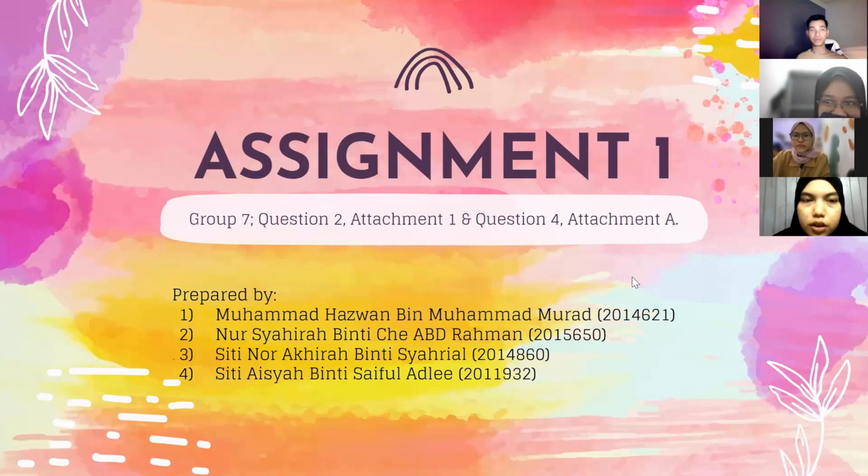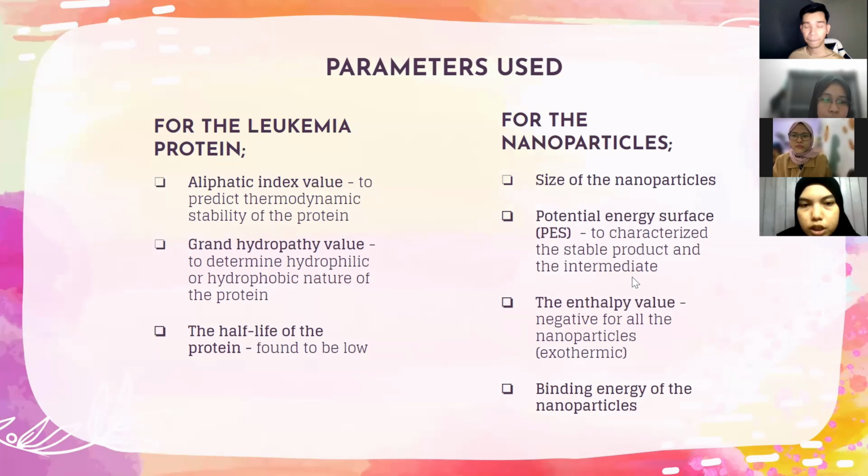The high value of the aliphatic index indicates that the protein molecules are thermodynamically unstable. The next parameter is the grand hydropathy value. This value is used to determine the hydrophilic or hydrophobic nature of the protein. From this value, it was determined that the leukemia protein was hydrophilic. Next is the half-life of the protein, which was found to be low for the leukemia protein.